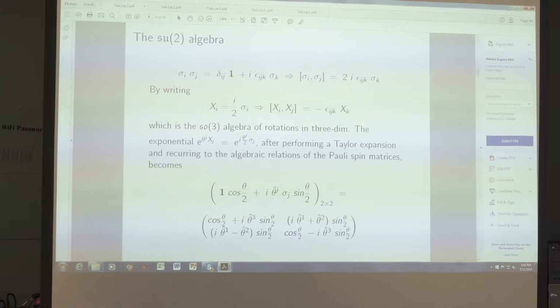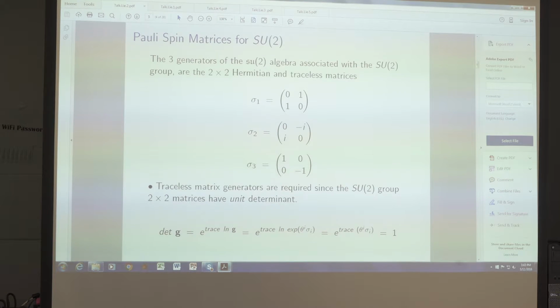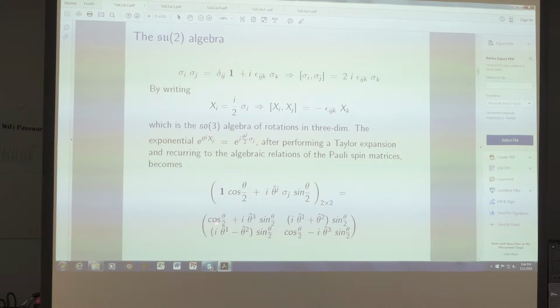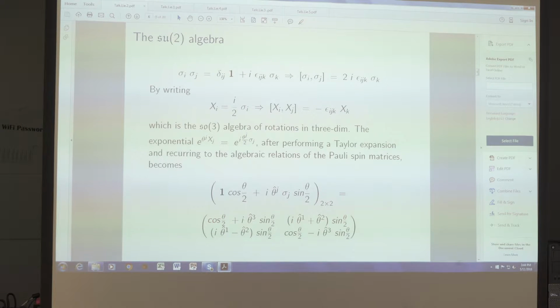Anyway. Okay, so now when you go ahead and plug in the expressions for your Pauli spin matrices, you end up with this matrix here, a 2 by 2 matrix. You end up with a cosine theta here and here because it's the unit matrix.